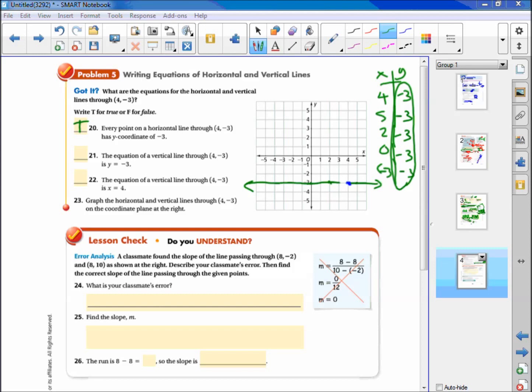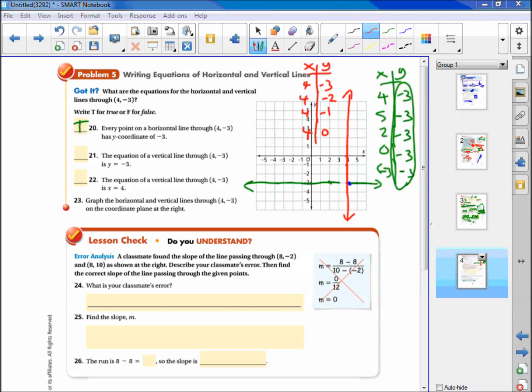All right, so the equation of the vertical line through 4, -3. Let's see what the equation should look like for the vertical line through here. So our vertical line goes this way. Okay, and notice for the vertical line, x, y, we always have 4. So we have 4, -3, we have 4, -2, 4, -1, 4, 0.